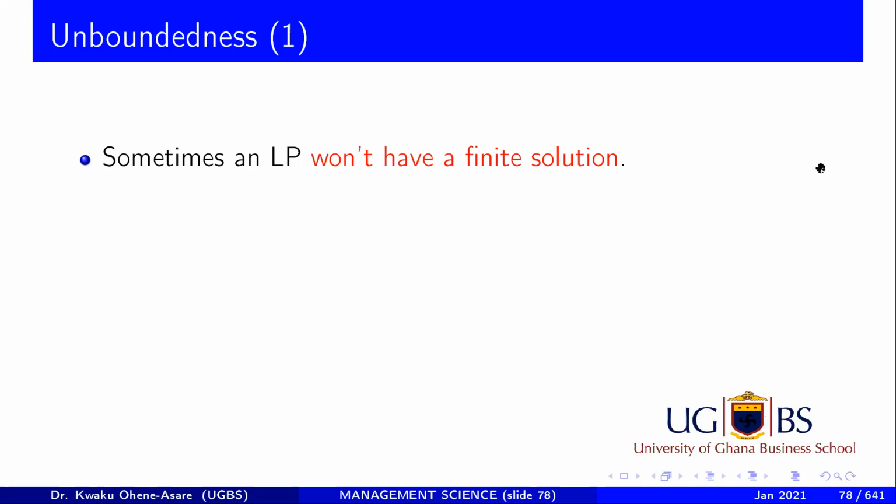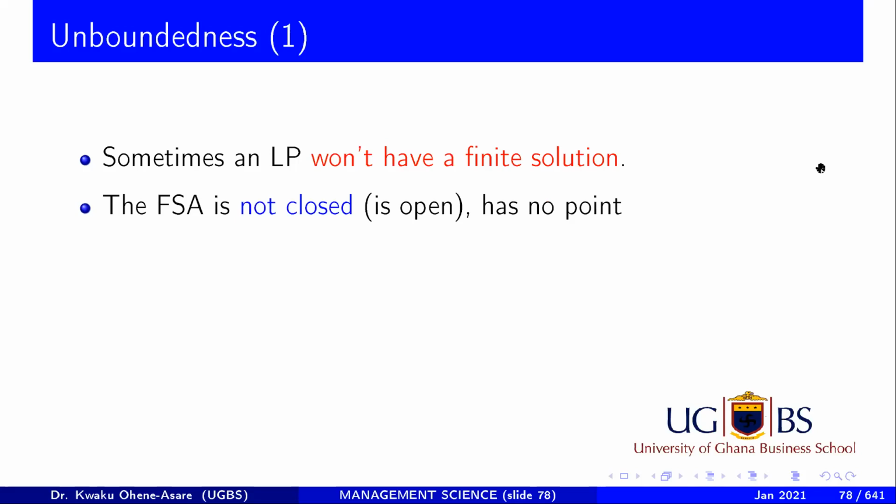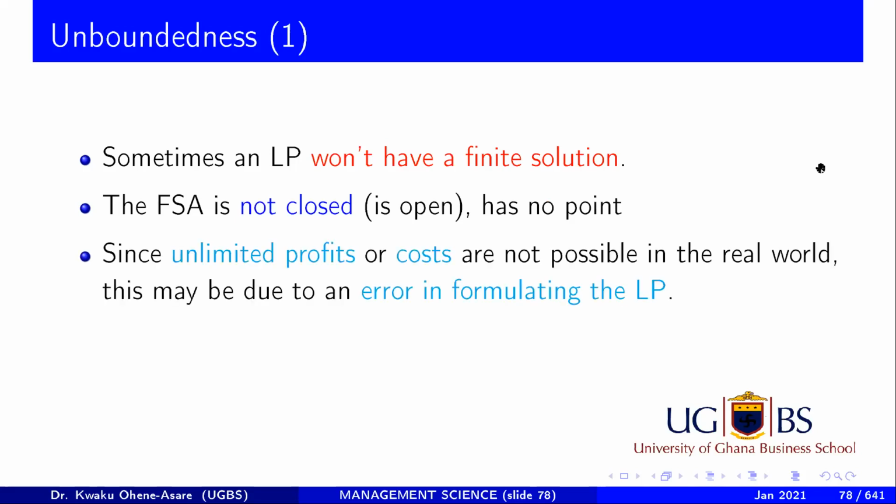This is unboundedness. In unboundedness, the feasible solution area is not closed. It's rather open. And if it is open, then we have that situation where anything is possible. A typical example we do: if it is open, and we are shifting the isoprofit line, it will keep shifting because it's not getting anywhere.